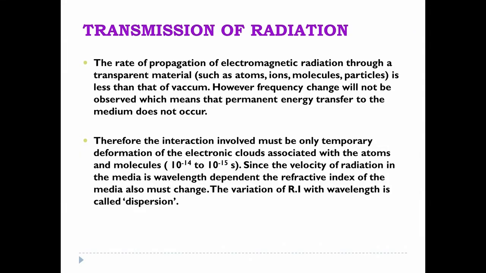So, consider the propagation of an electromagnetic radiation through a transparent material. The material could be anything. It can be atoms, molecules, particles, a gas, or sometimes even a vacuum.